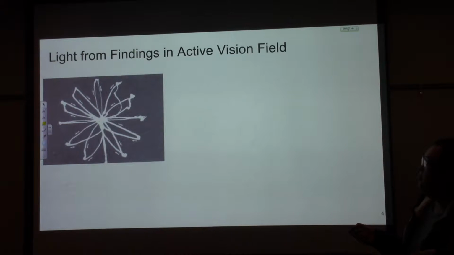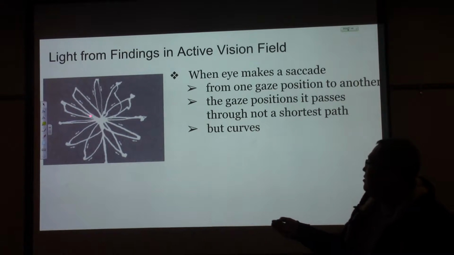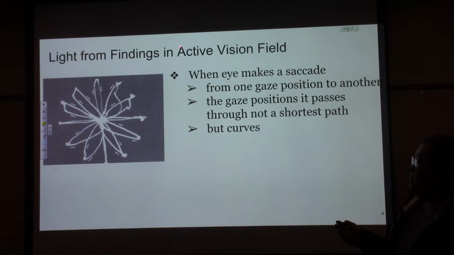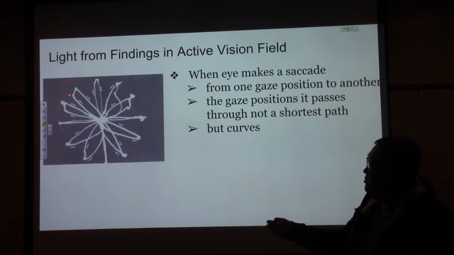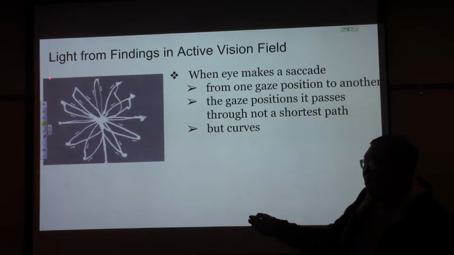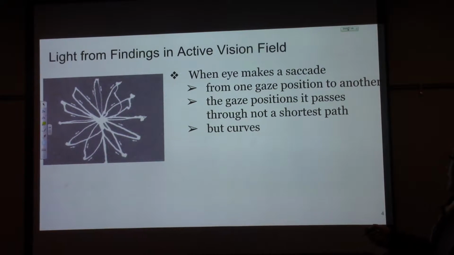And fortunately, there is some light from findings in the active vision field. Here is a finding from the field. When the eyes make a saccade, it means you start from one gaze point, end at another gaze point, and go back. The gaze positions it passes through are not a shortest path.